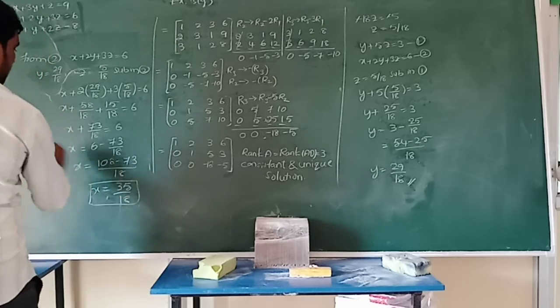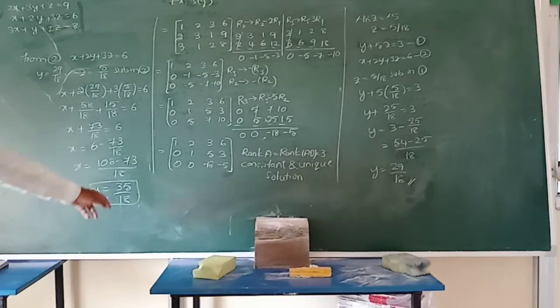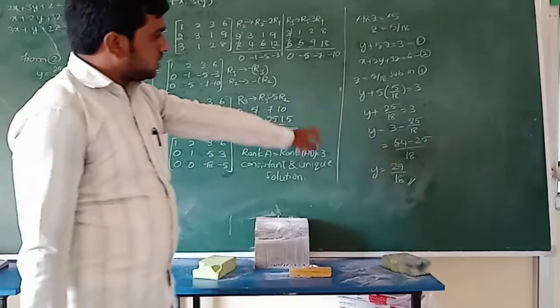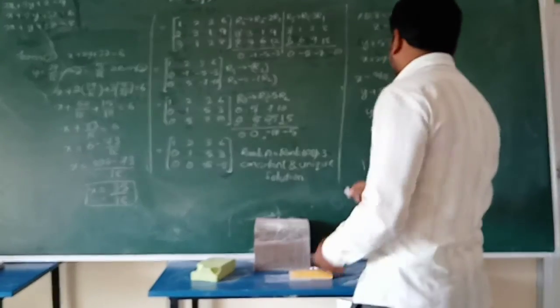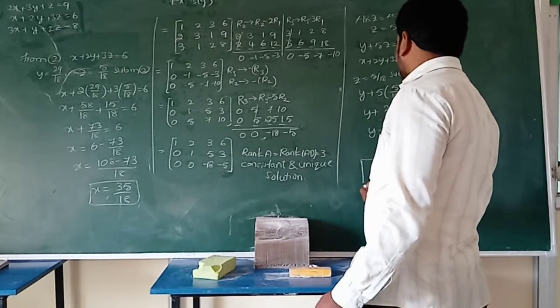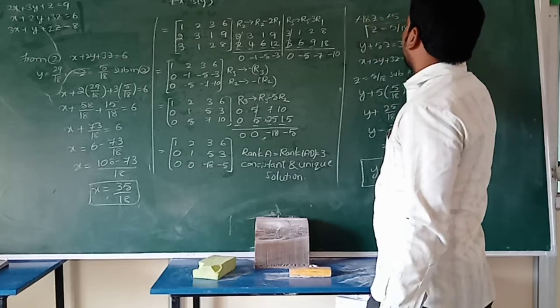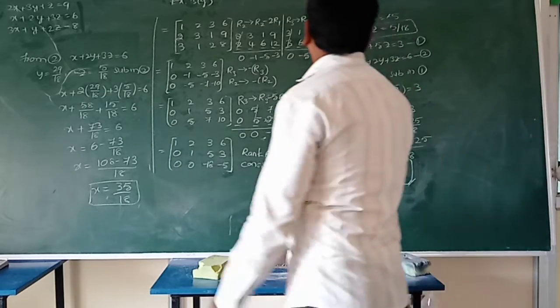So the solutions are x is equal to 35 by 18, y is equal to 29 by 18, and z is equal to 5 by 18.